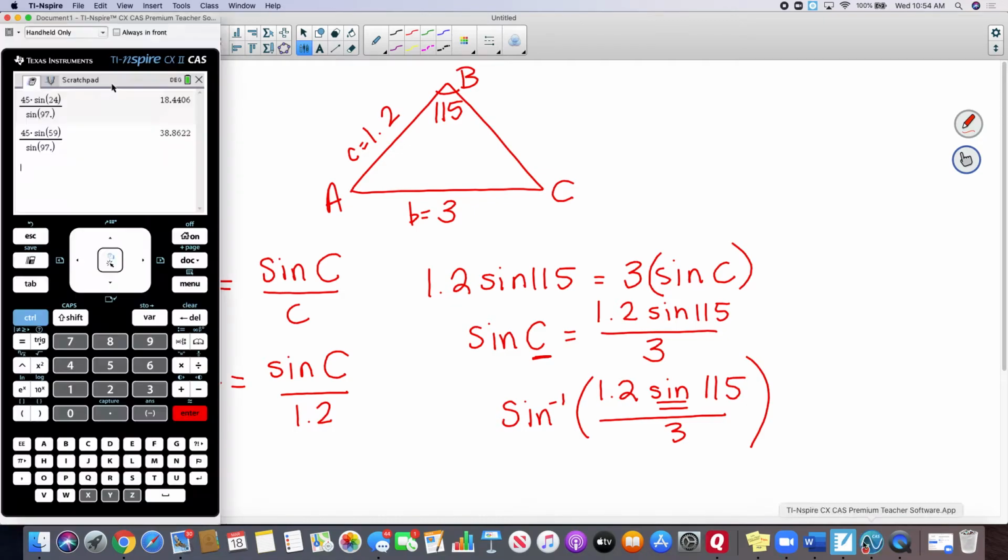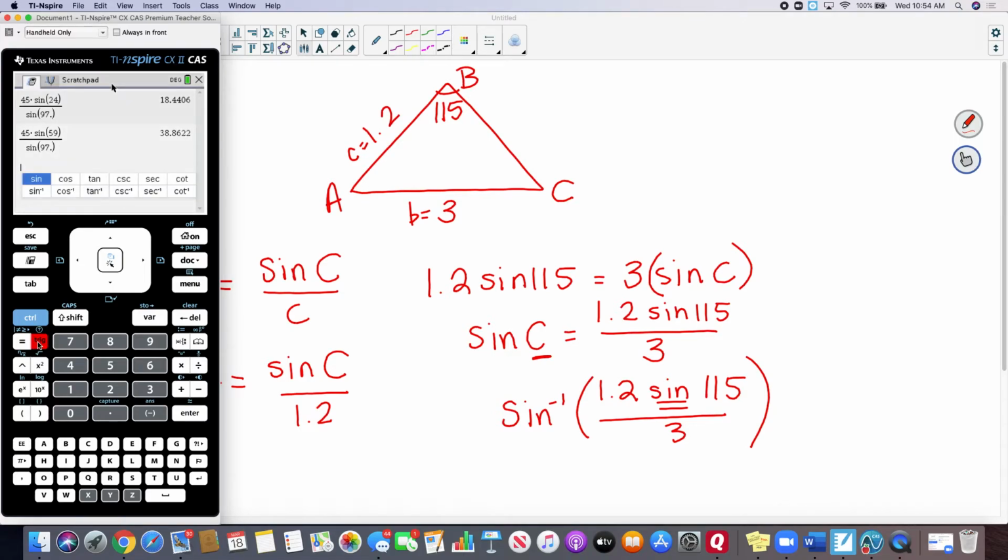So let's go back to the calculator. And we're going to do inverse sine first. So you're going to hit the trig button, come down here and hit inverse sine because we're looking for an angle measure. Then I want you to hit control divide so you get the fraction bar. 1.2. Now this sine is regular sine, so don't use inverse again. 115 over 3.